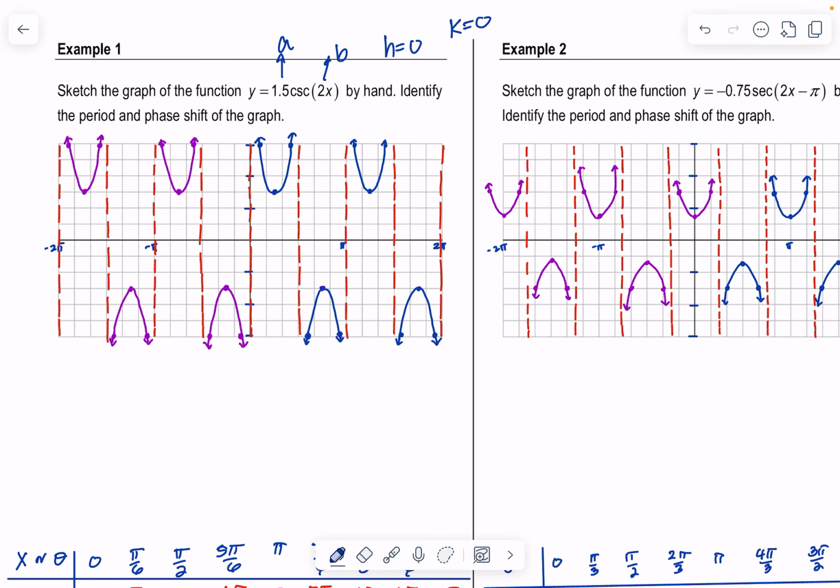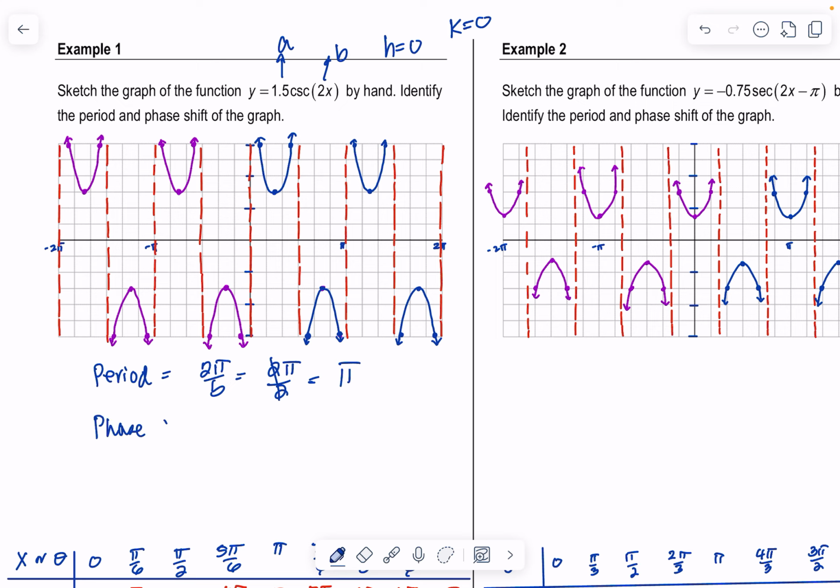A is 1.5, and B is 2. So 2 pi over B is 2 pi over 2, cancel. So our period is pi, so one cycle is pi.